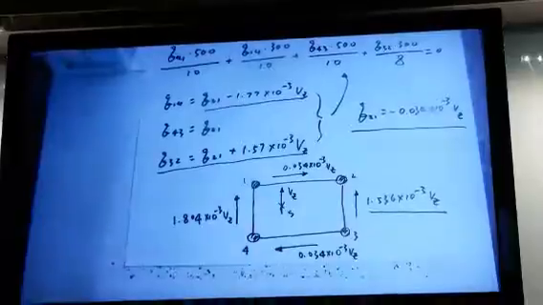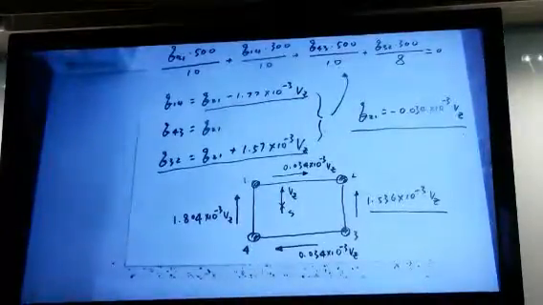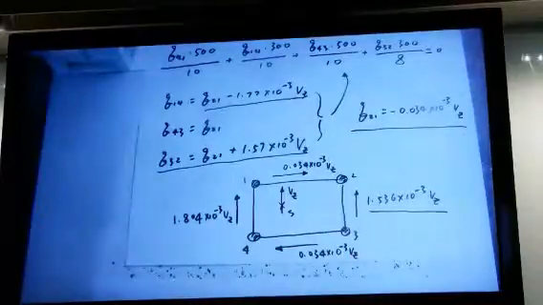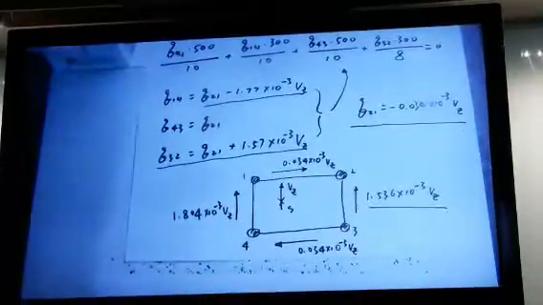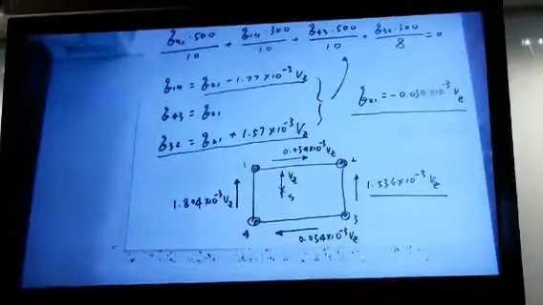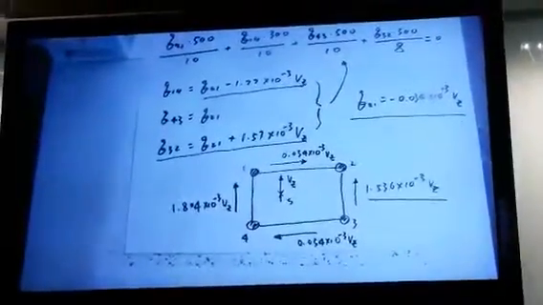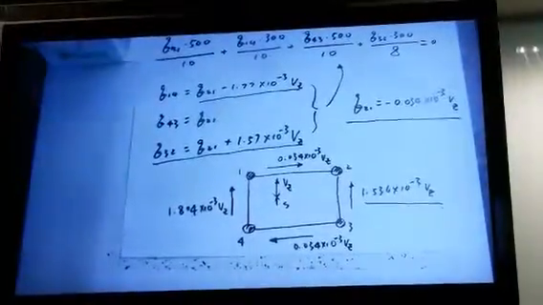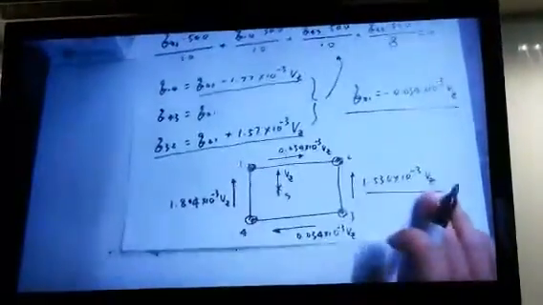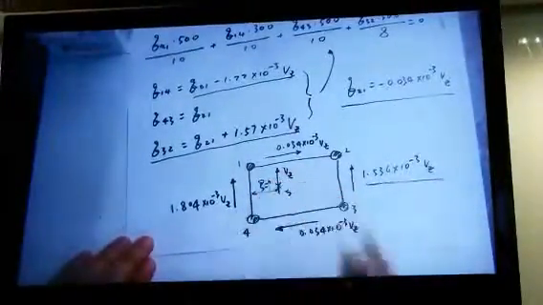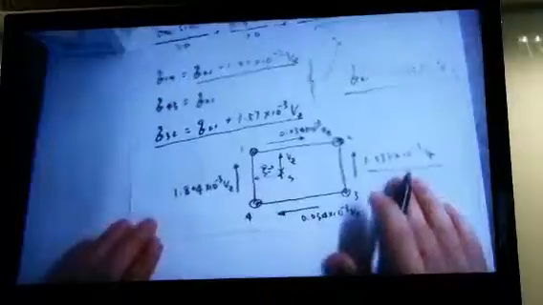Must be along the y-axis because this cross-section is symmetric about the y-axis. So the shear center S must be along the y-axis. But what is the distance from here to here? We want to solve the distance of the shear center along that horizontal direction. What is it? We didn't solve it yet.